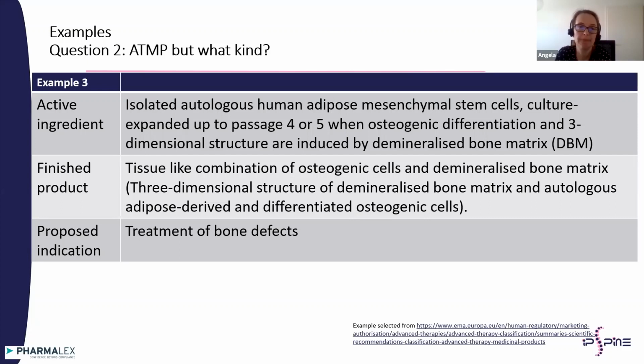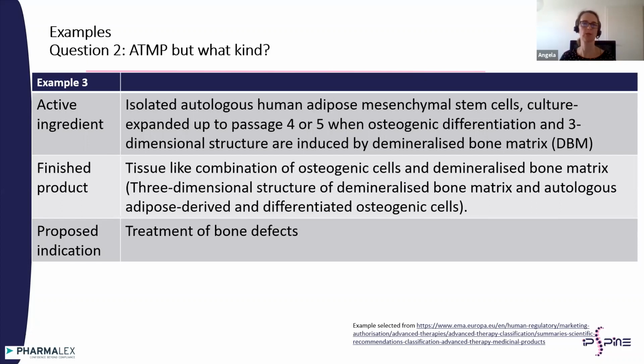So we do have an ATMP. And they also have osteogenic differentiation induced in culture, which is the second good reason to talk about an ATMP. And these are embedded in a three-dimensional structure of a demineralized bone matrix.